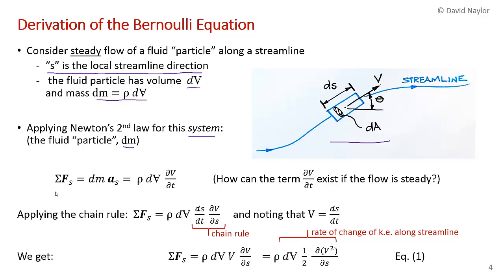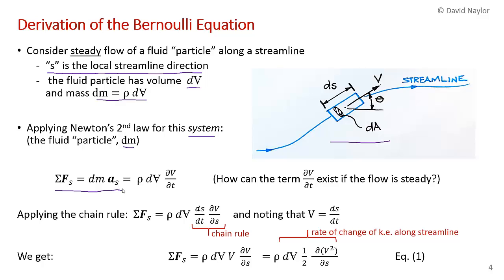So we can apply Newton's second law just directly here, that the sum of the forces on that little fluid particle equals mass times acceleration. Of course, it's a differential element, so it's dm times a_s, where a_s is the acceleration in the streamline direction, so the local streamline direction.